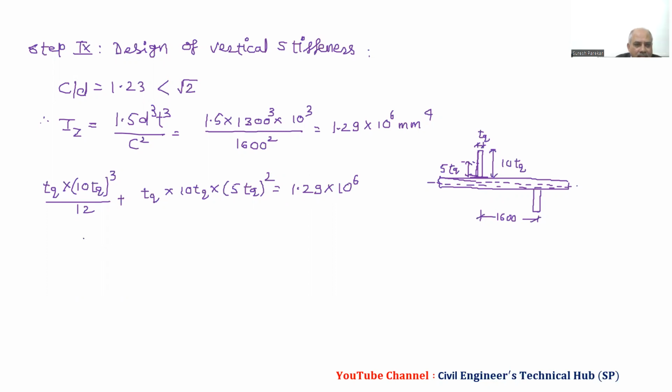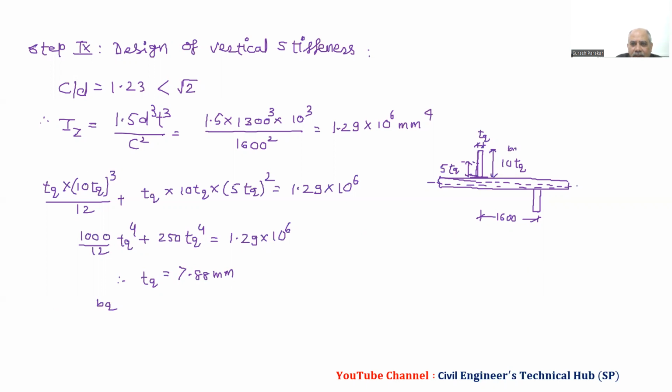If you solve this, we have 1000 upon 12 tq to the power 4 plus 250 tq to the power 4, because this is 25 into 10, 250, which is 1.29 into 10 raised to 6. Then if you solve this, we get tq value 7.88 millimeter.